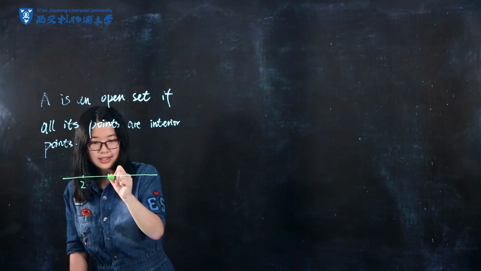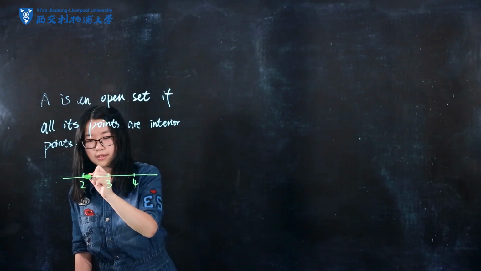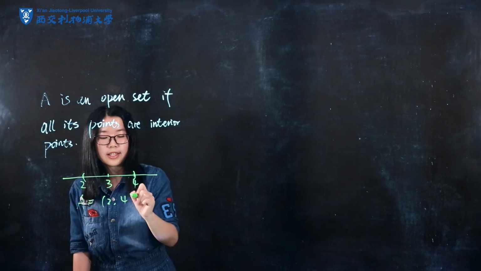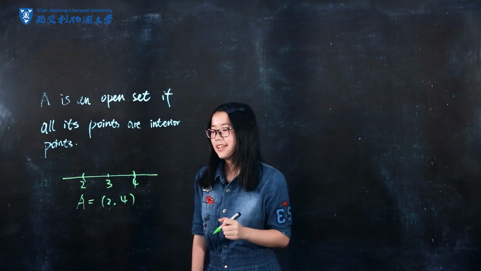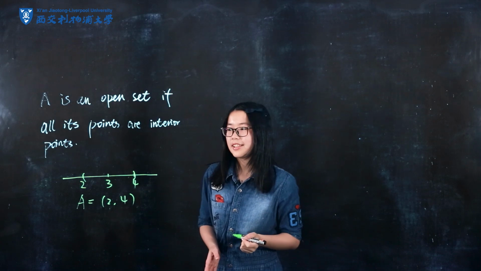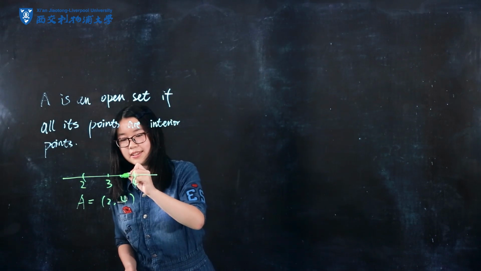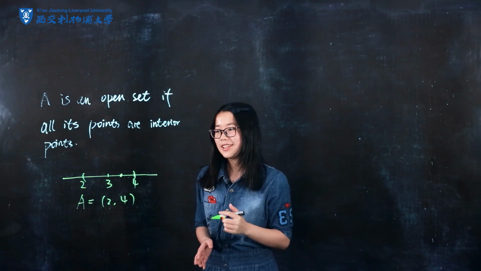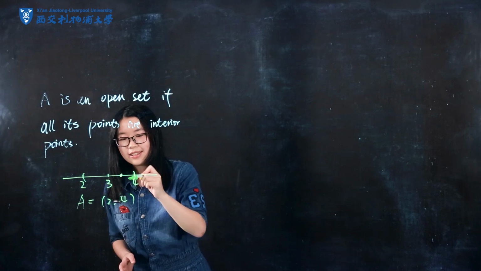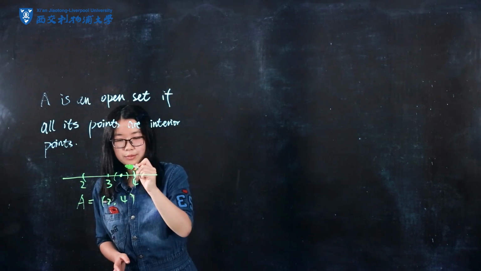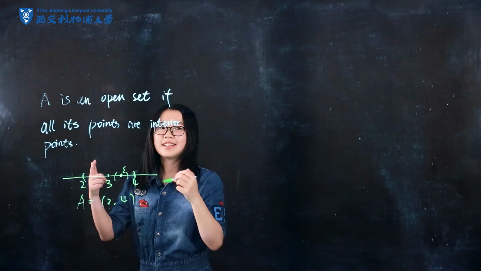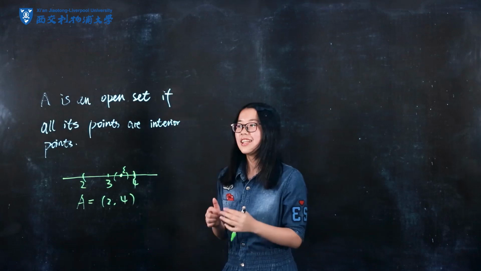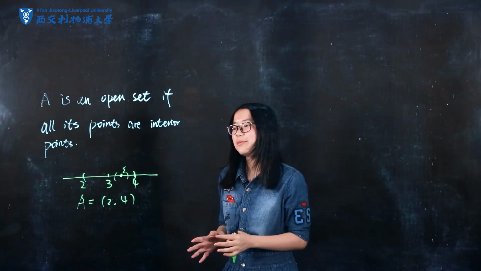If A is defined as 2 to 4 and the endpoints 2 and 4 are not contained in A, then A is an open set, because if you take any point in it, you can check that this point is definitely an interior point. Say this one, you can find some epsilon such that this set is contained in the set A. Since every point in it is an interior point, A must be an open set.